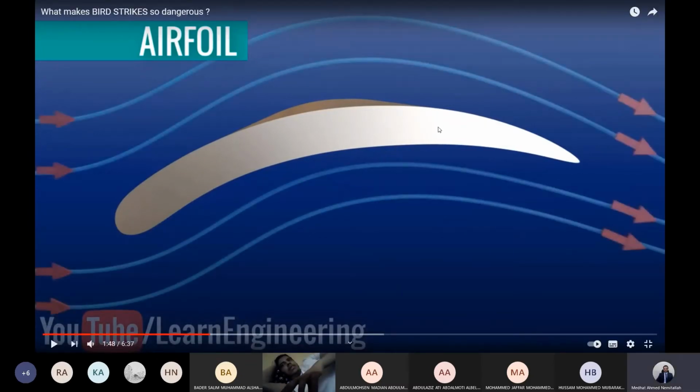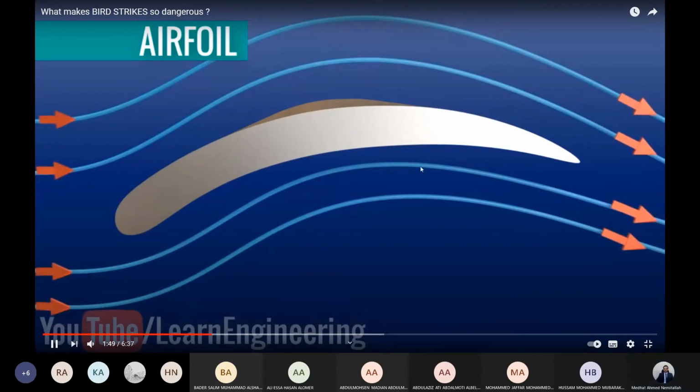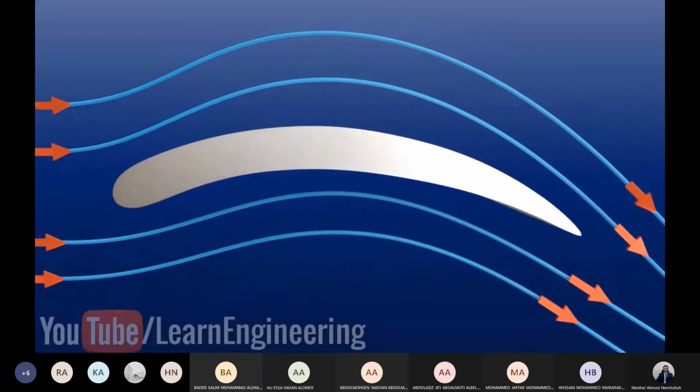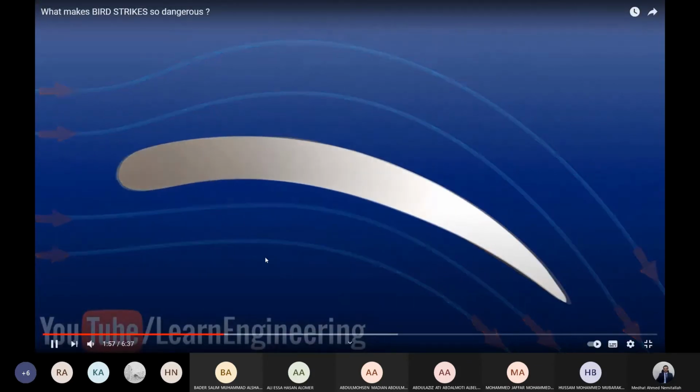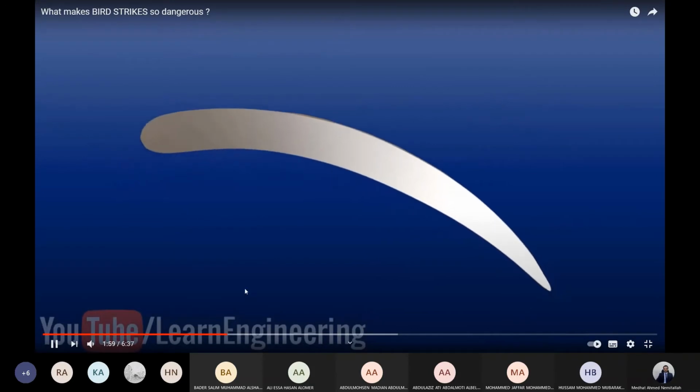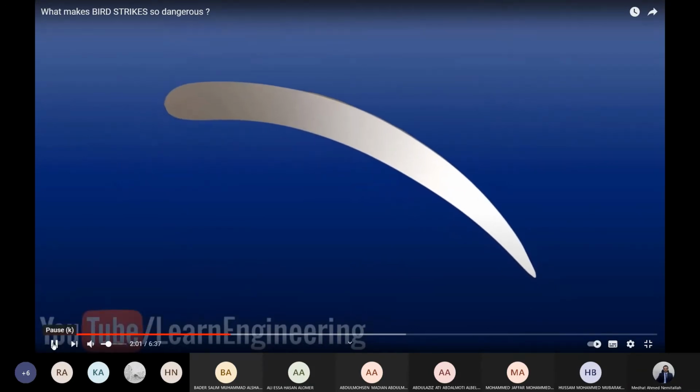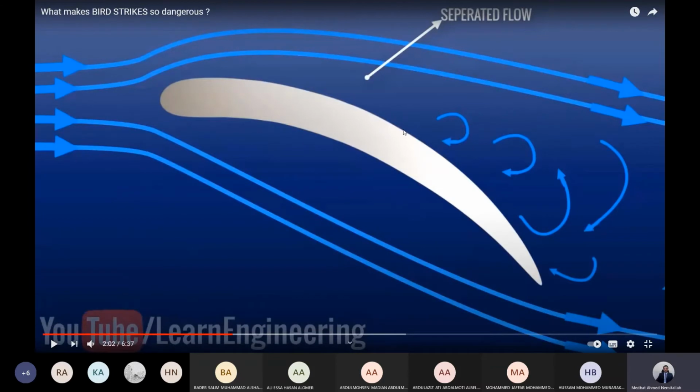So here, this is the fixed blade, as you can see. So look here. So you can see.